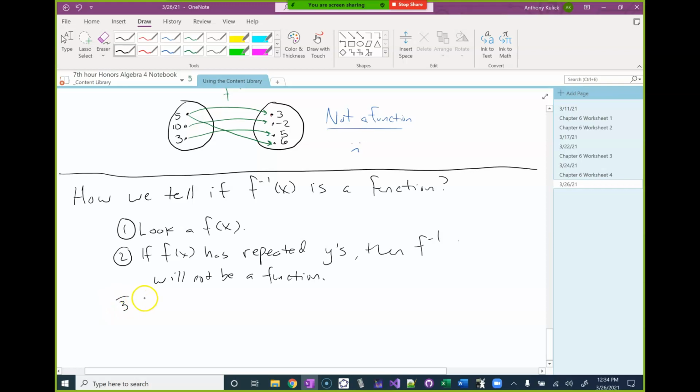If f of x has any repeated y coordinates, then f inverse will not be a function. Otherwise, f inverse would be a function.